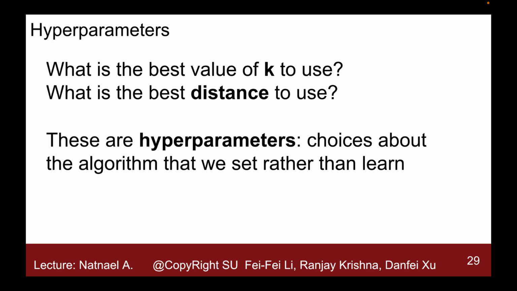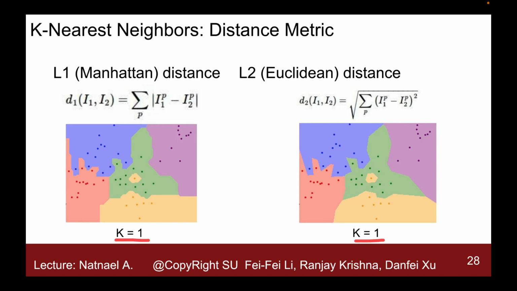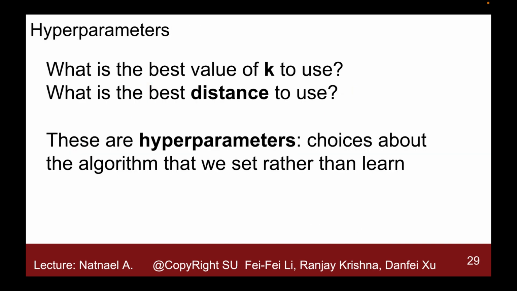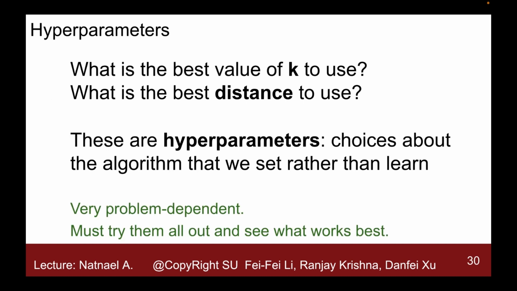When we do image classification with k-nearest neighbor type algorithms, we have to tune or set some hyperparameters, and one of the hyperparameters for k-nearest neighbor is, for instance, the number of classes.